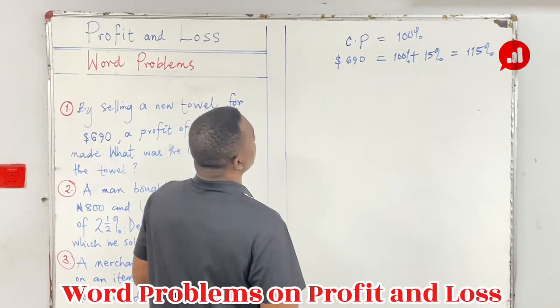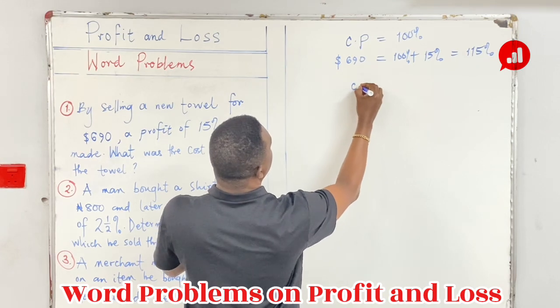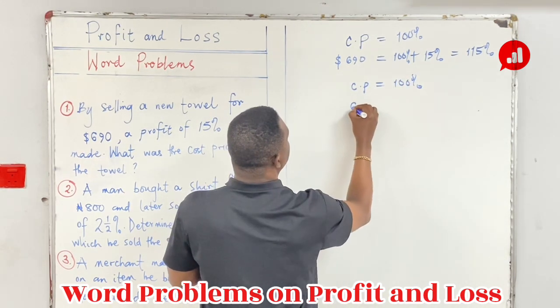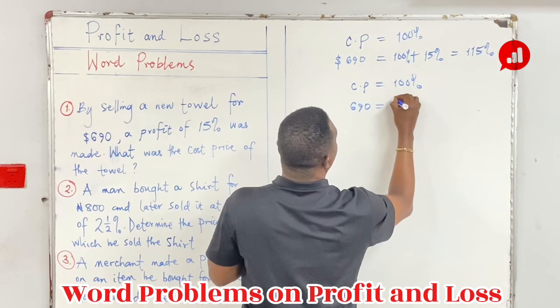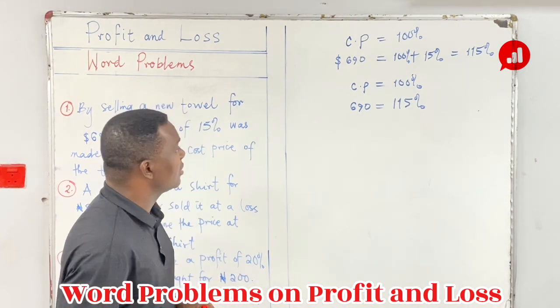So at this point, we can bring out the terms that we have. CP is 100%, 690 is equal to 115%. So from here, we will determine the cost price.